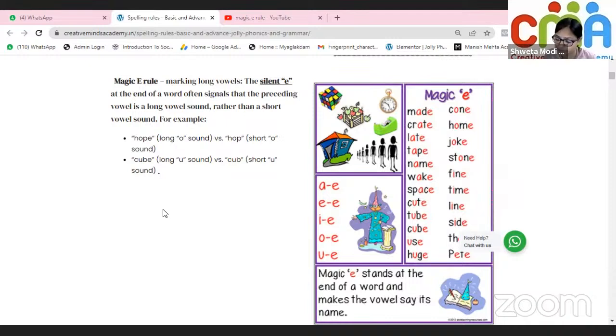What about the word meditate? Please think of some words, a big word having more than one vowel sound, and at the end we have an E there, which is changing the short vowel sound to the long vowel sound, as in the word Colgate. Can you think of more such words?